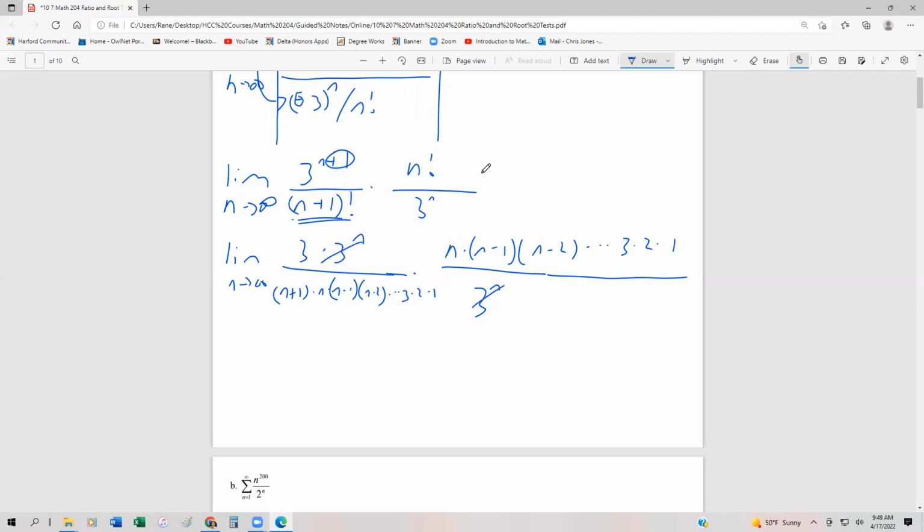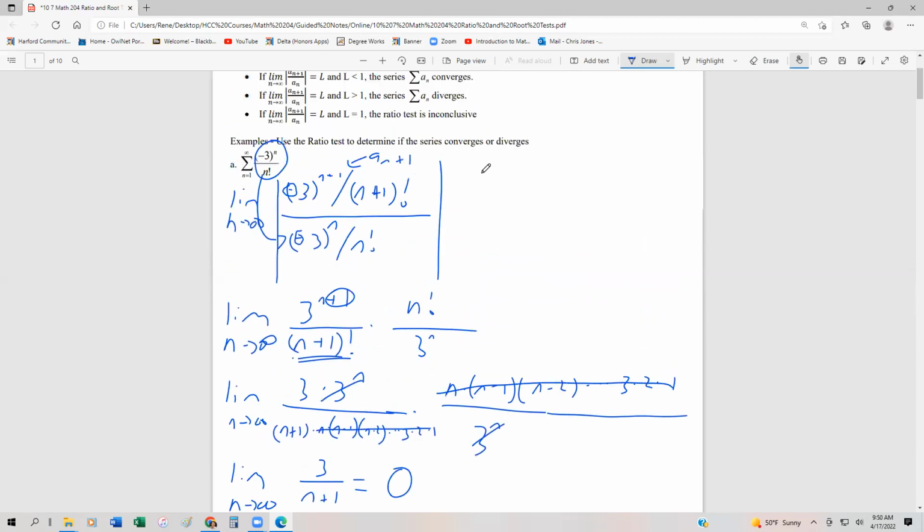So these factors of n are going to cancel. Notice that everything is going to cancel over here. And now we're just left with the limit as n approaches infinity of 3 over n plus 1. And we know if we apply n equals infinity, you're going to get 3 over infinity, which is going to be 0.